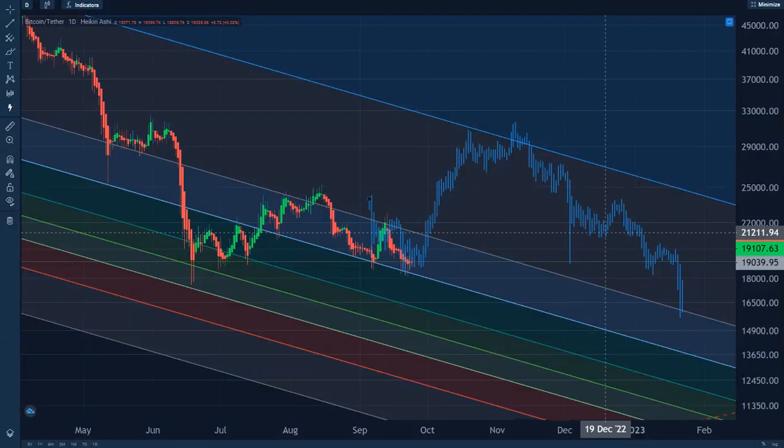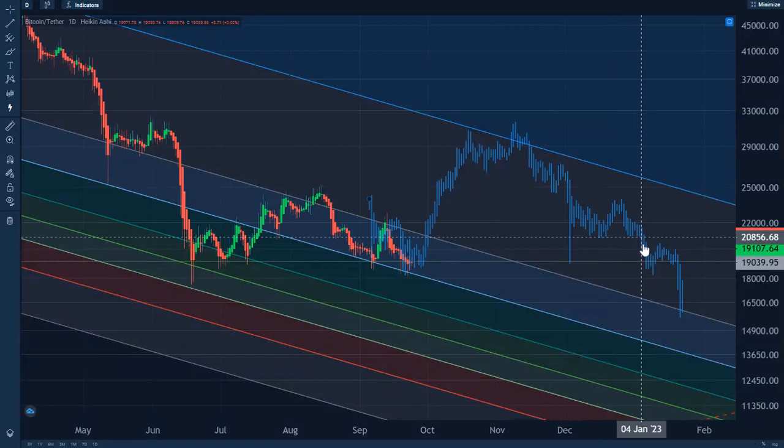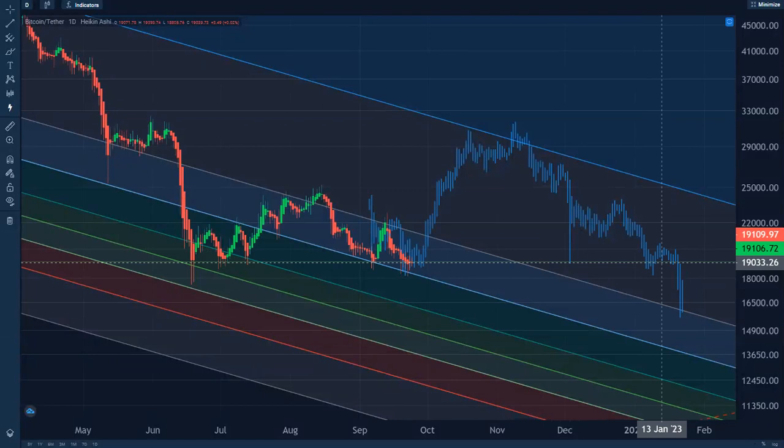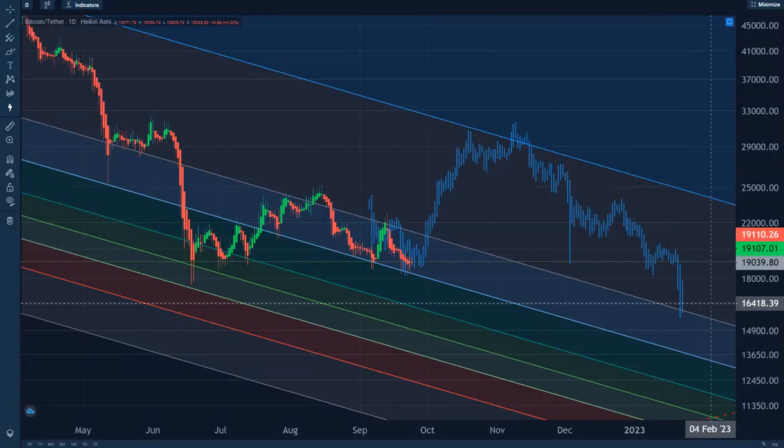So let's look at this. By the end of the year, right after Christmas, it looks like it could be a lot of selling pressure. And we're probably going to have a lot of selling pressure all the way down through these holidays here. And it might not subside until late into January. And as you know, I'm calling for a bottom in February here.